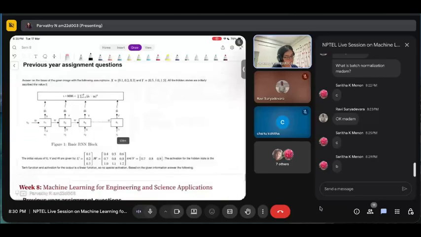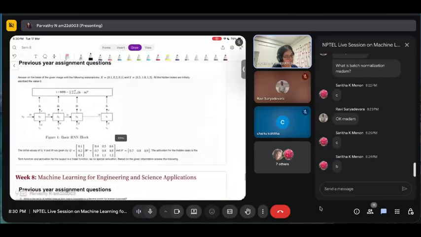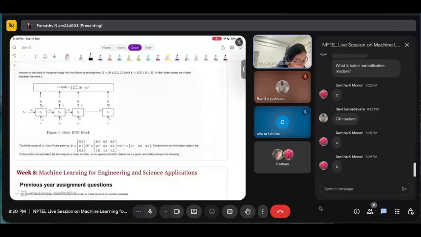Then, in the previous year assignment question, there is a diagram given where there are inputs like x1, x2, x3, etc. over time. And they have given the values of the first three inputs x1, x2, x3, and their corresponding y1, y2, y3 is also given.